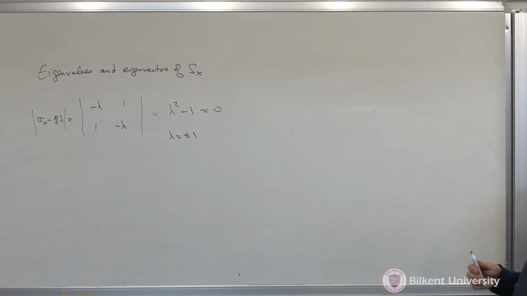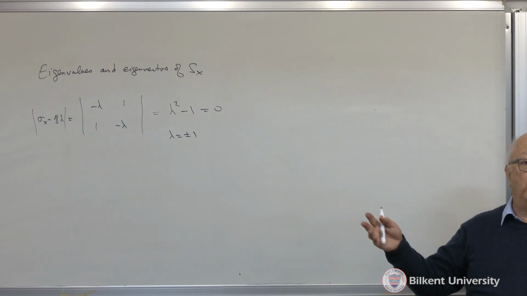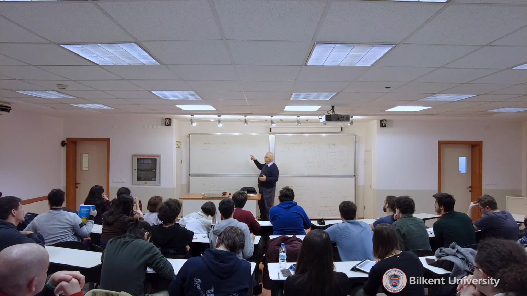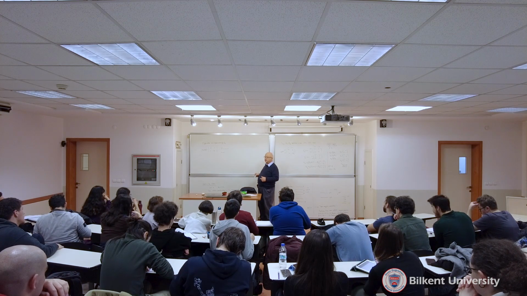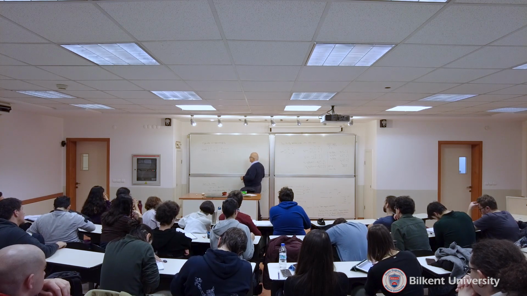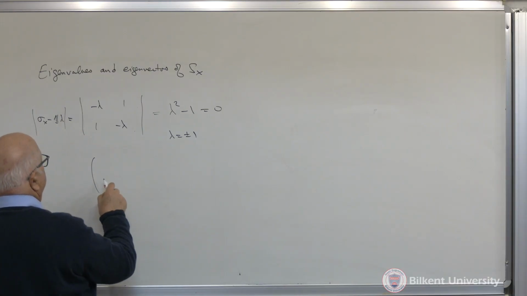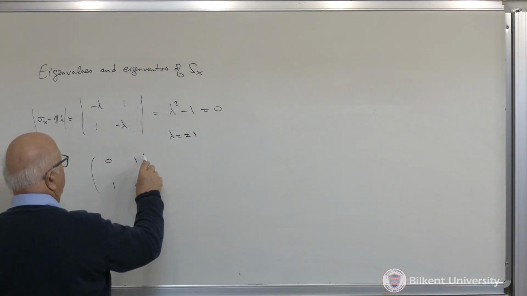So it doesn't matter which direction you measure the spin in. Nature doesn't care which direction you call x or y or z. You make a measurement, you are going to get plus or minus h bar over 2 as the result of the measurement. What are the eigenvectors? I have this structure 0, 1, 1, 0.